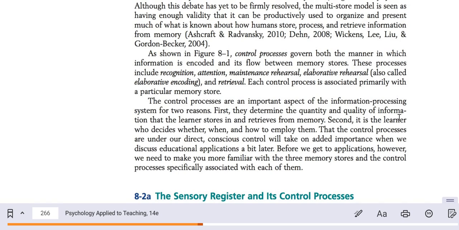First, they determine the quantity and quality of information that the learner stores in and retrieves from memory. Second, it is the learner who decides whether, when, and how to employ them. That the control processes are under our direct conscious control will take on added importance when we discuss educational applications a bit later. Before we get to applications, however, we need to make you more familiar with the three memory stores and the control processes specifically associated with each of them.